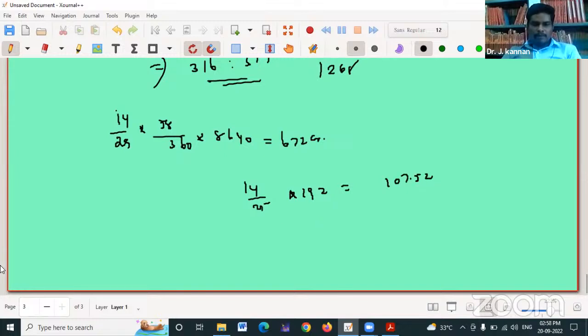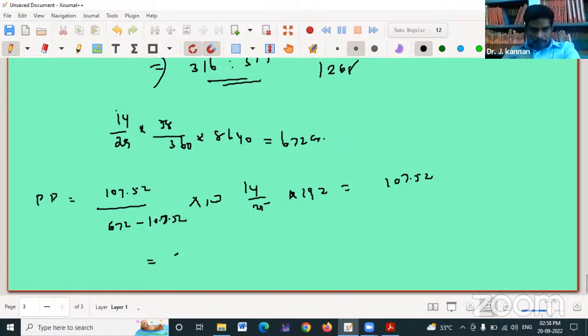So the profit percentage in Y: 107.52 divided by 672 minus 107.52, into 100, so the percentage into 100.